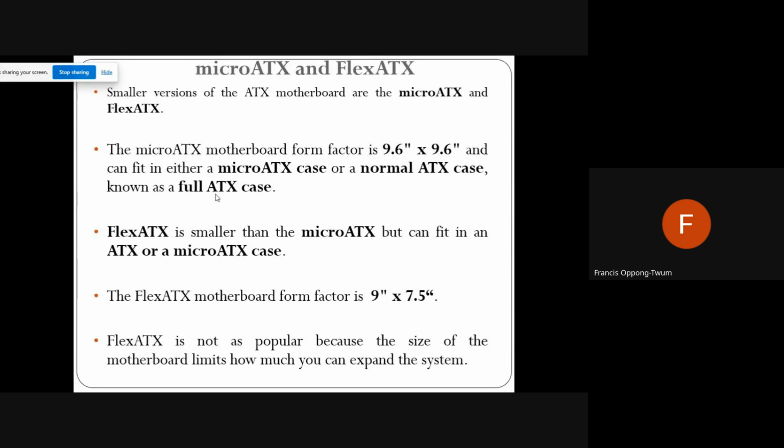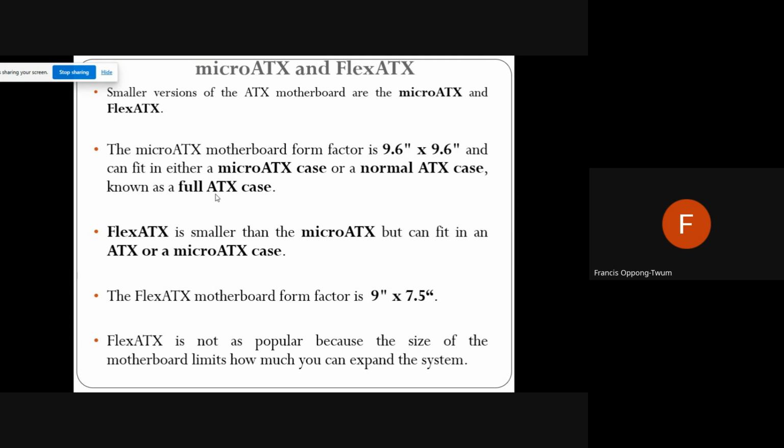You can see that the smaller versions of the ATX motherboard are the micro and the plus. The micro motherboard form factor is 9.6 by 9.6 inches, and it can fit in either the micro ATX case or the normal ATX case. The plus ATX is also smaller than the full ATX and can also fit in the ATX or the micro ATX case.